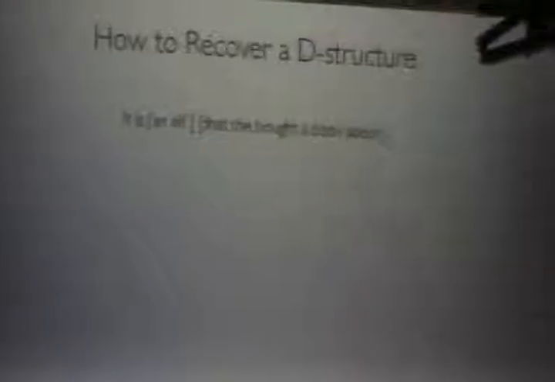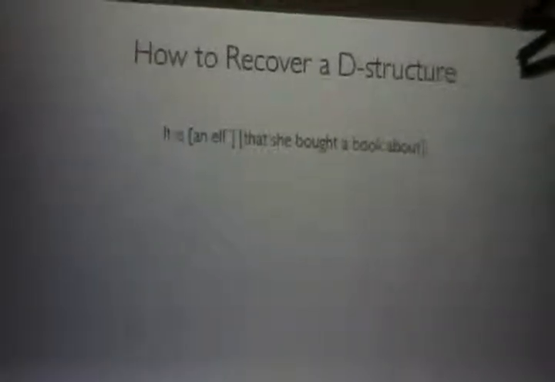So in this case, this is what's moved, an elf, and this is the complementizer phrase that it's moved from. An elf is a noun phrase, so that noun phrase has moved from somewhere in here.